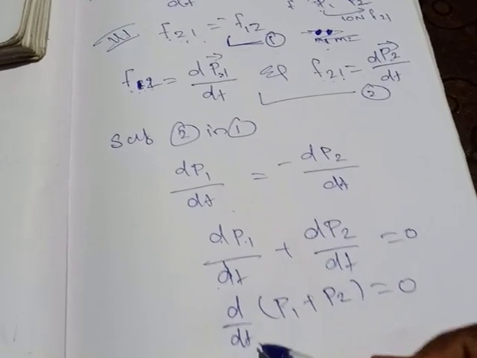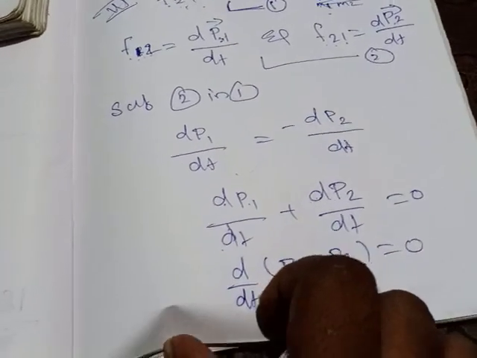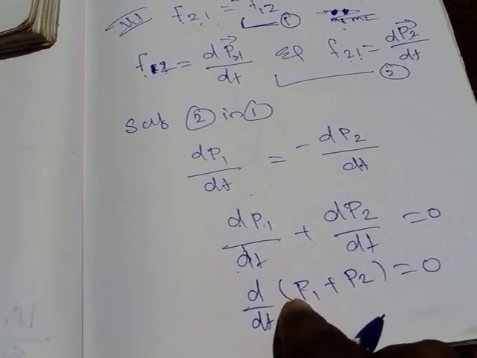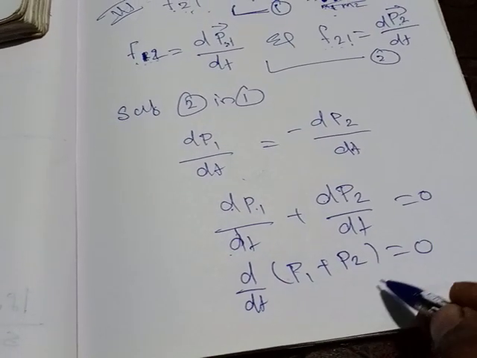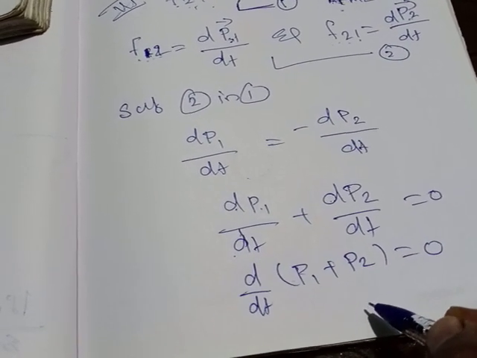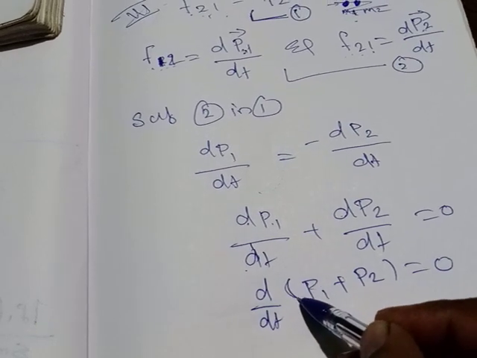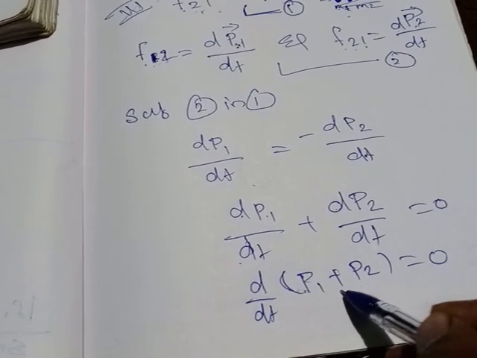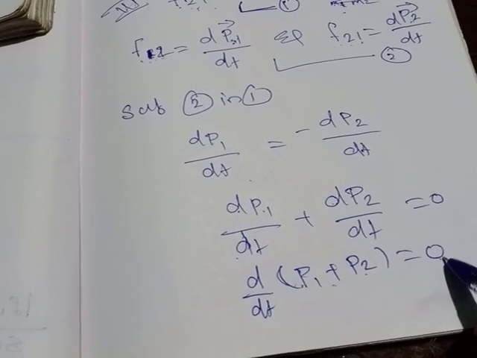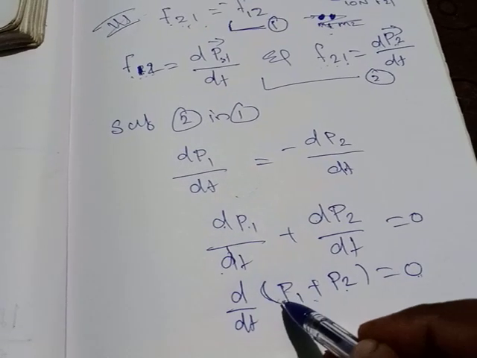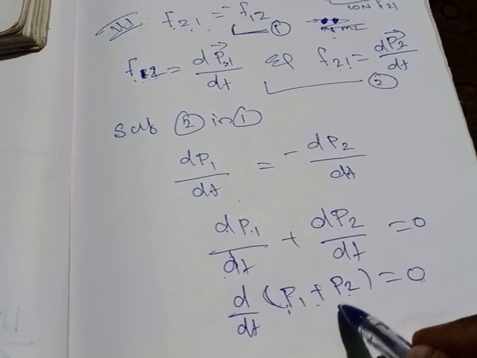This is what we proved: d by dt of p1 plus p2 equal to 0. So we can tell that the total linear momentum p1 plus p2 is conserved.